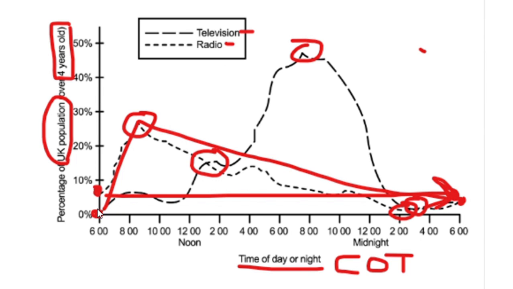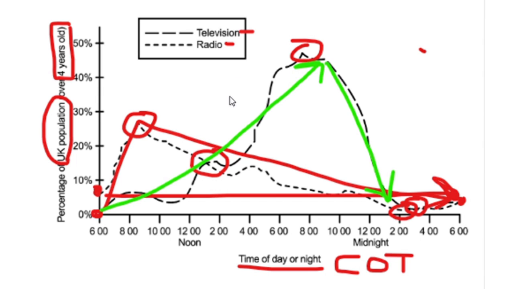Whereas our trend with television viewers, let me try and change the color for this one just to make it a little bit easier for you to see, climbs much steeper throughout the day before it drops suddenly after midnight. So we have an overall trend, but then we have two trends from each of the different scenarios we're given, television and radio.